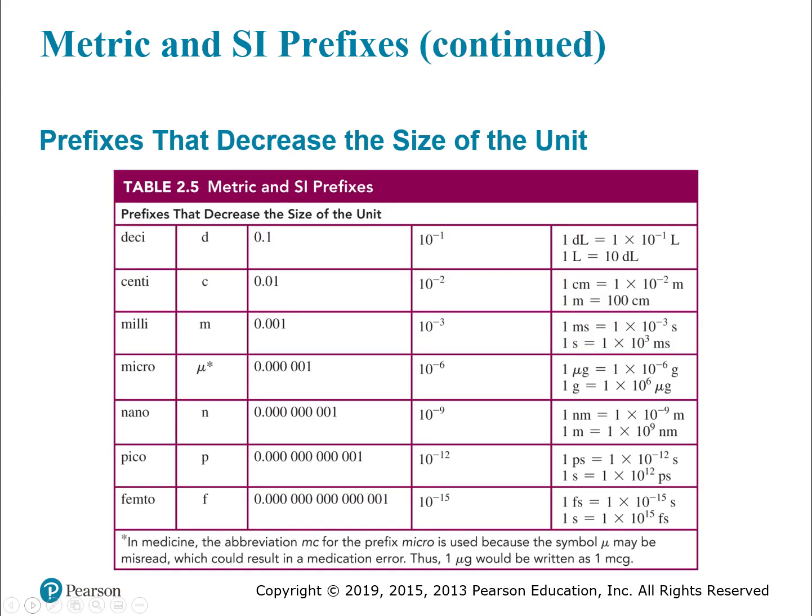There are also prefixes that decrease the size of a unit, starting with deci and getting smaller and smaller and smaller until we get all the way to femto. So we're talking 10 to the minus 1 all the way down to 10 to the minus 15.